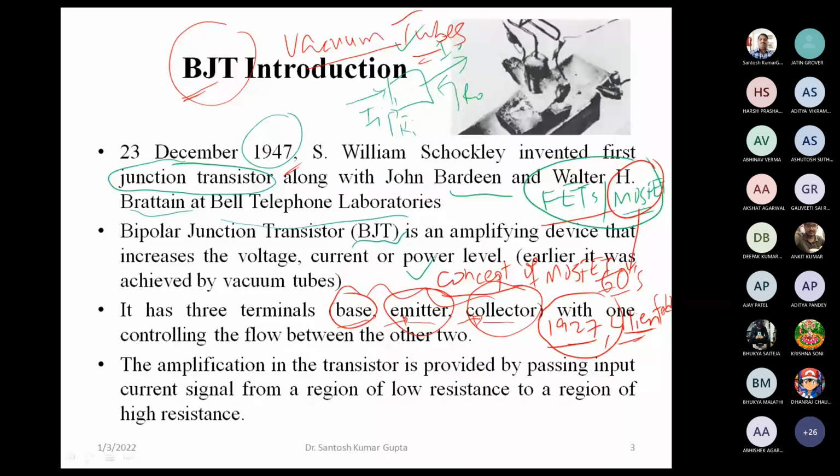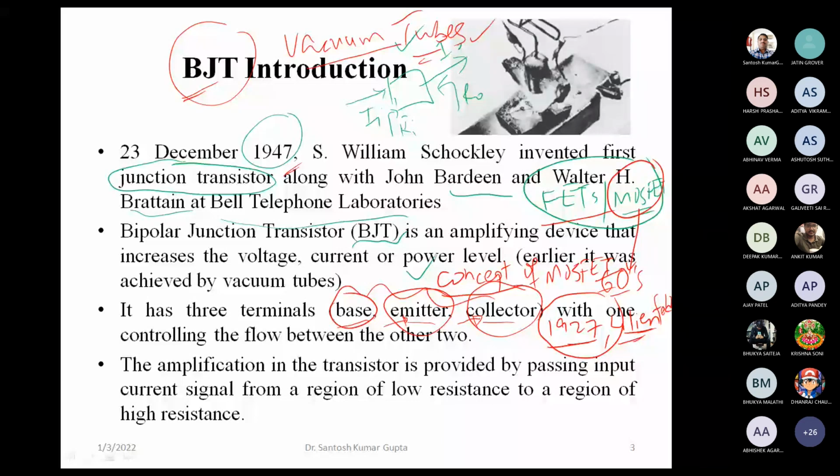In those we had something called anode and cathode, and there was a grid in between, by changing the potential of which one can control the flow of the charge carriers between the cathode and anode, and hence change the current. So vacuum tubes existed much earlier, but these devices are solid state devices.